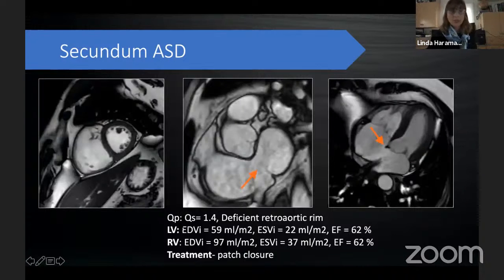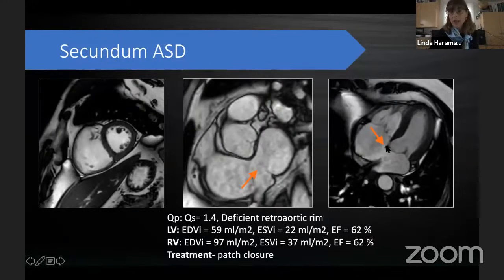On these still images, we can see the defect better through the interatrial septum. We can also appreciate that the right ventricle is somewhat dilated, but it remains thin-walled, so without evidence for pulmonary hypertension, and that was the case hemodynamically as well.